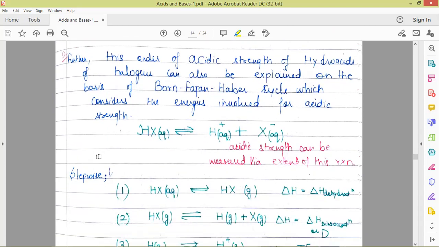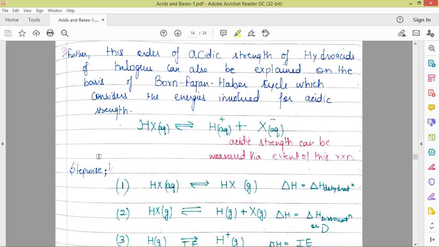Based upon that also we can explain the order of acidic strength of hydroacids, out of which HI, that is hydrogen iodide, has the highest acidic strength, and HF has the least acidic strength. So this is the reaction where acidic strength is being measured, out of which the pKa value was calculated.